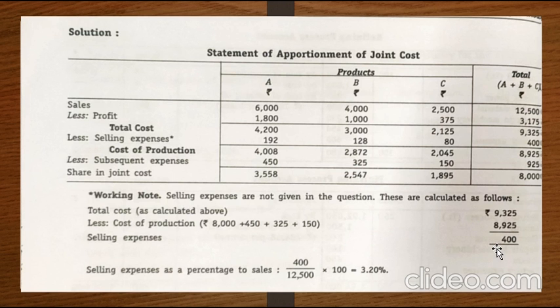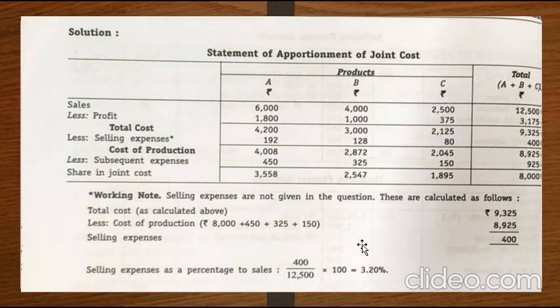Now, as we have told, selling expenses are apportioned to the different products A, B, C based on the percentage of sales. So now, for your selling expenses as a percentage of sales, you can either use cross multiplication or you can use a formula, which is selling expense divided by sales into 100. It is nothing but a cross multiplication. For 12,500 it is 100%. Then for 400, what is the percentage?